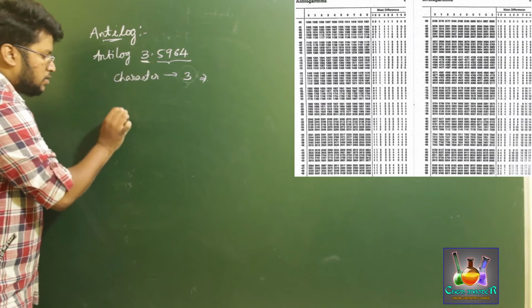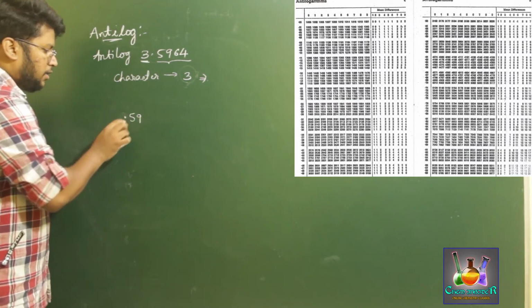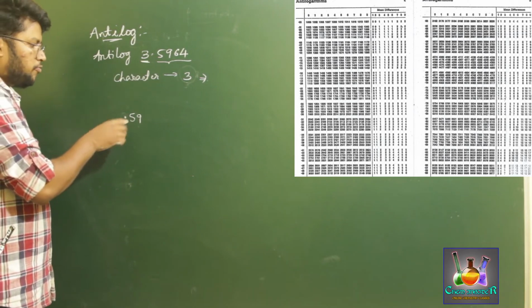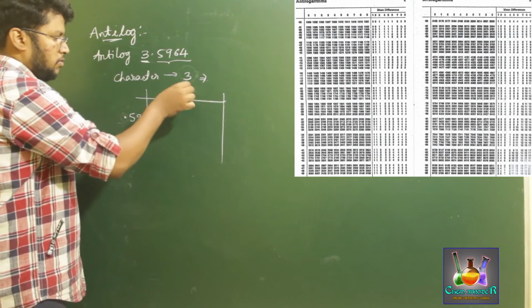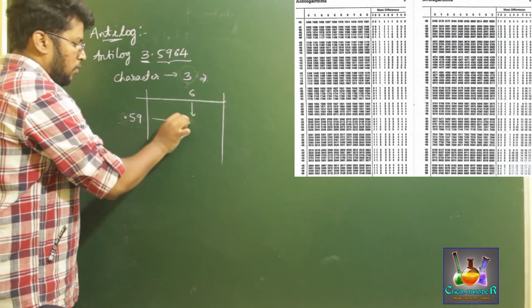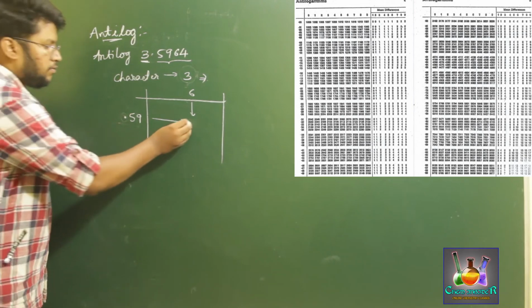Under that we'll use the same manner. We'll observe the value of 0.59 under the column of 6. The value of 0.59 under 6 is 3945.